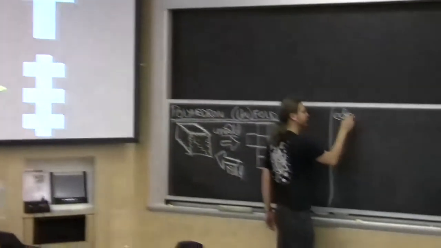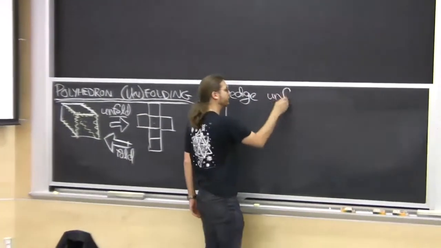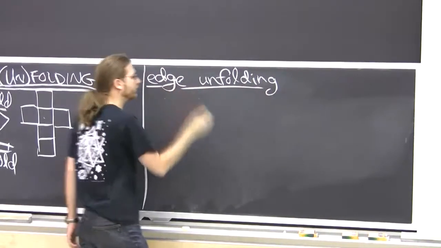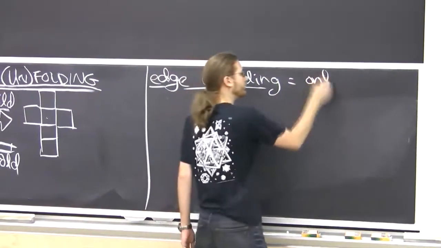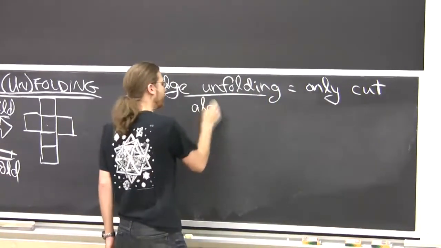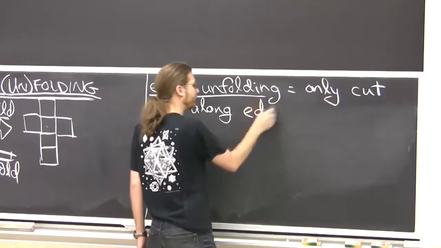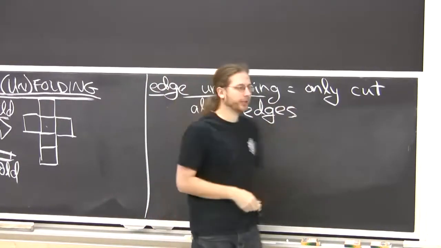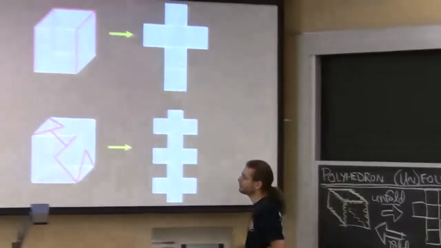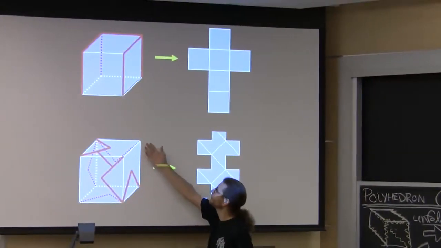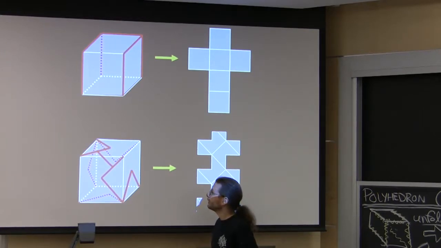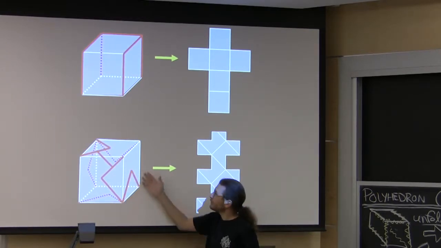So edge unfolding: only cut along edges of the surface. And that's nice. This property is nice if you're building something, you don't want to have visible seams. You have to bend at the edges anyway, so it's not such a big deal if you're also fusing along an edge. But in general, you could imagine cutting anywhere on the surface.